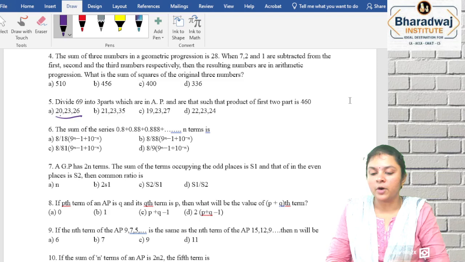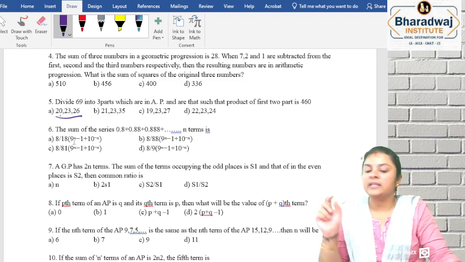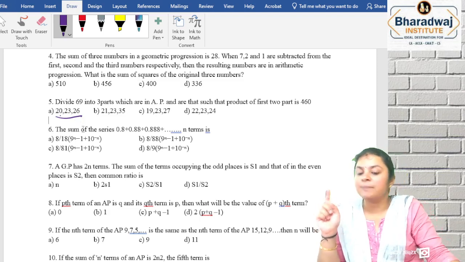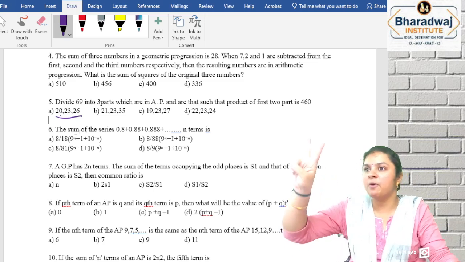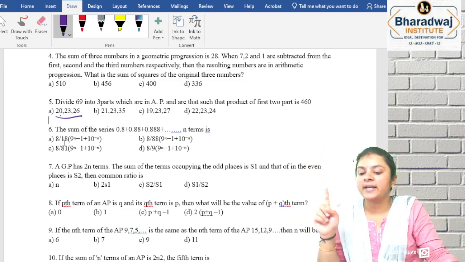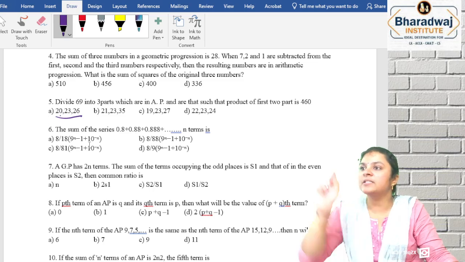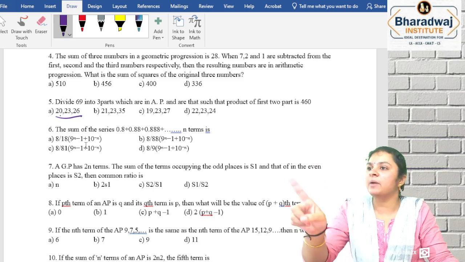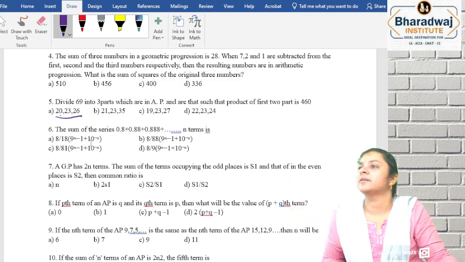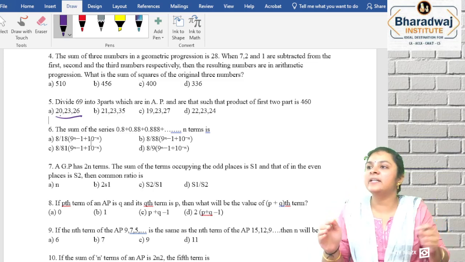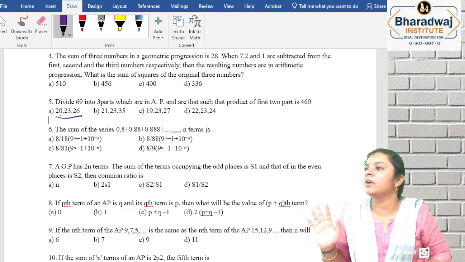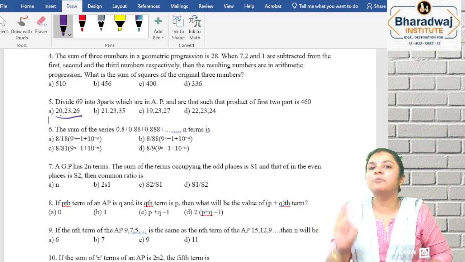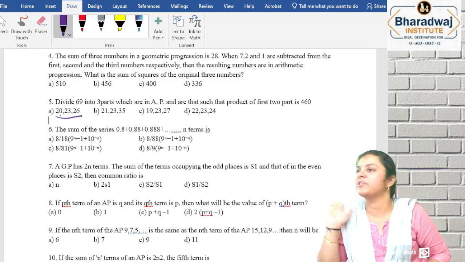So now, in the options they have asked for the sum of n terms. We have done the sum of 2 terms. In the options, for each option substitute n is equal to 2. Wherever you are getting the answer as 1.68, that is your answer. You need not spend time working out the entire steps. An answer that should be finished in less than 2 minutes, don't waste 5 minutes on it.